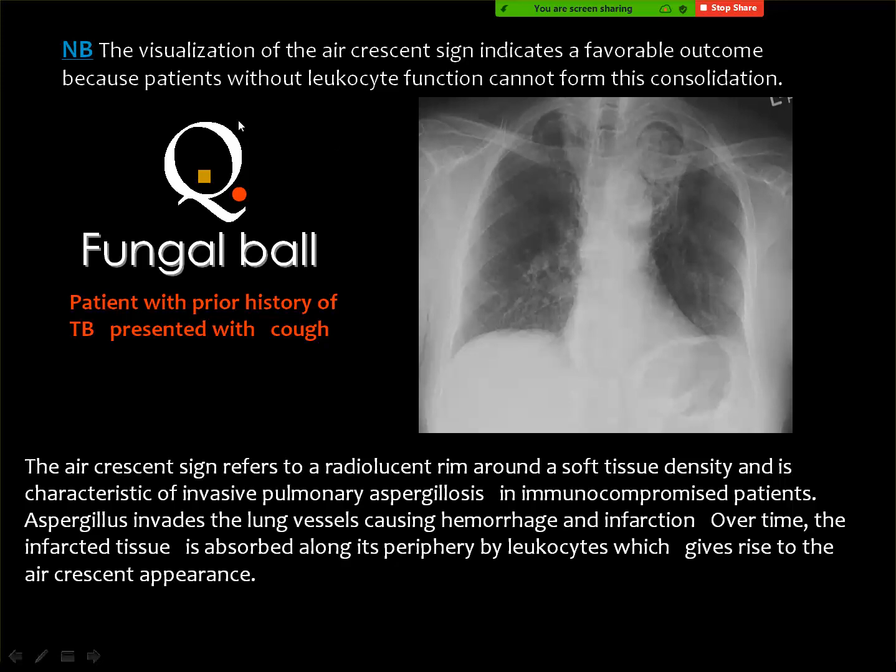The literature says that visualization of the air crescent sign indicates a favorable outcome, because patients without leukocyte function cannot form this consolidation, and the presence of leukocytic defense will produce such a lesion.